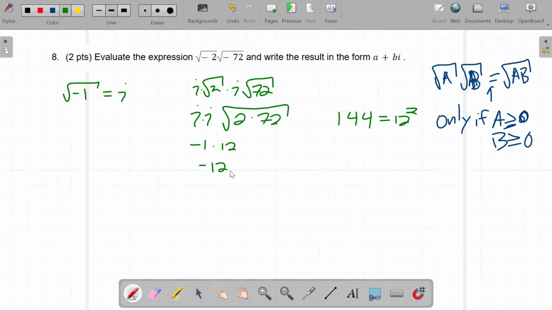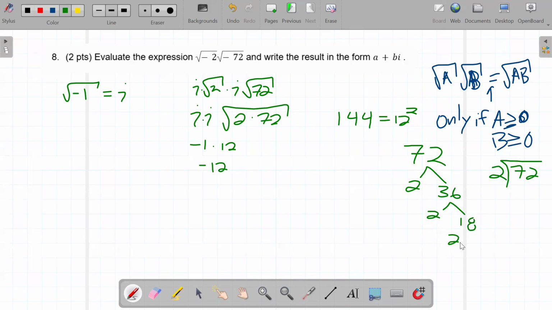Some days I don't recognize that, in which case I'm going to do a factor tree for 72 off to the side. 2 goes into 72, and sometimes I'm panicky and I have to actually write it out. That's okay. 36. 2 goes into 36. 18. 2 goes into 18. 9.